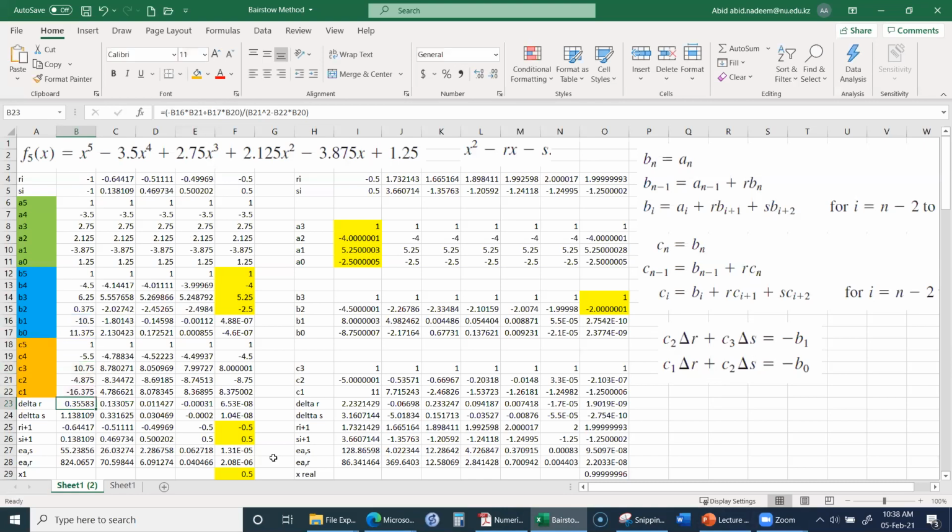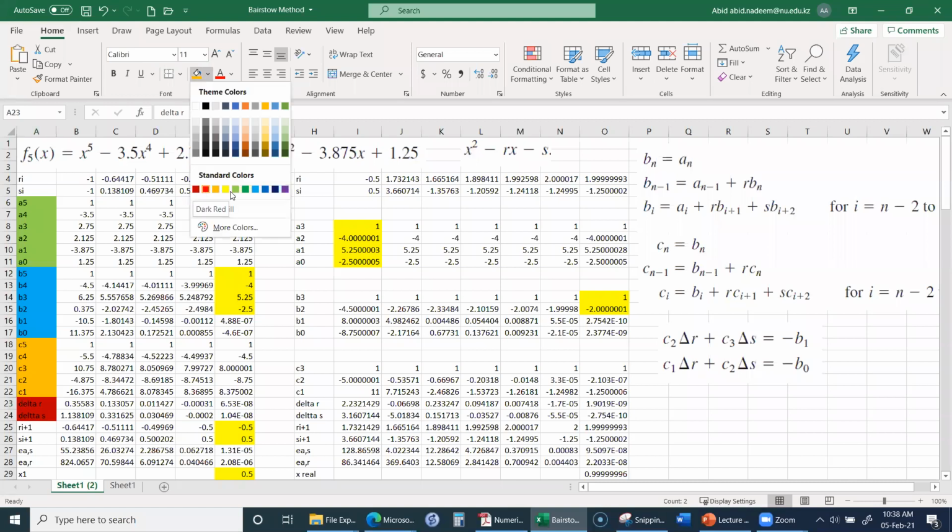So in this way, you will calculate the value of delta r, and in a similar way you can calculate the value of delta s. From the values of delta r and delta s, you can then calculate r i plus 1, and these are the revised values.